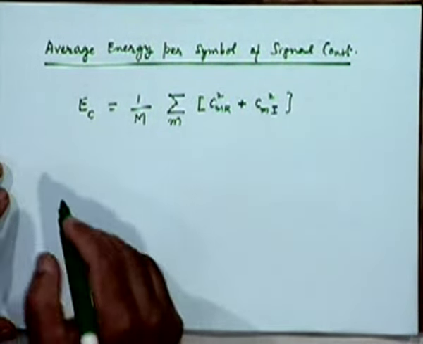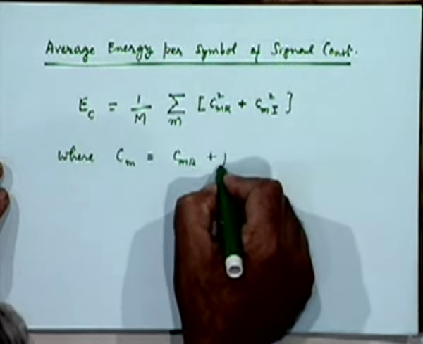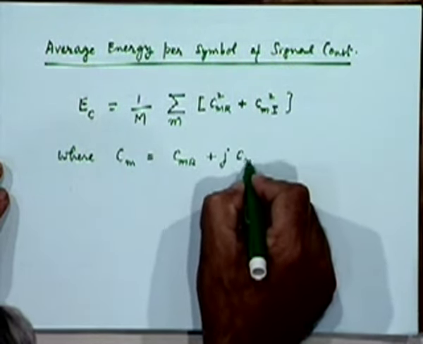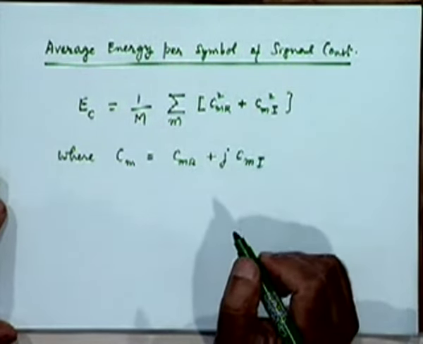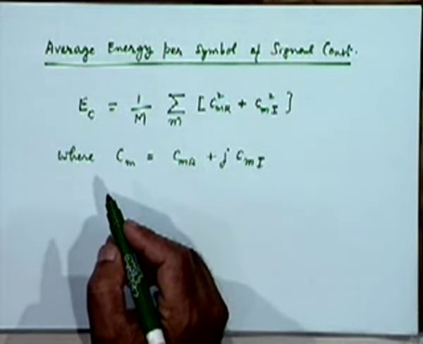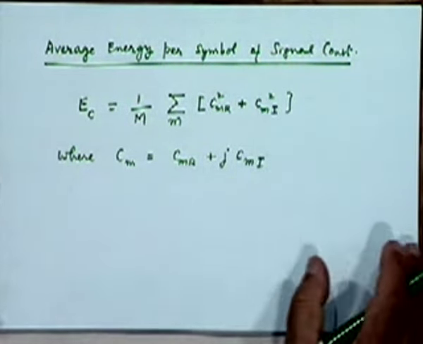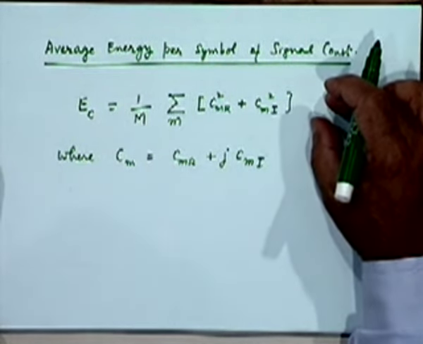If you compute this value, where C sub m is C sub mr, the real component, plus j times C sub mi, this means every symbol occurs with equal probability. Yes, you are right, this definition of average implies that.